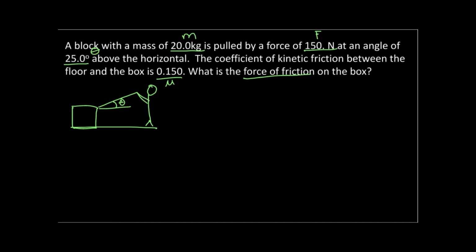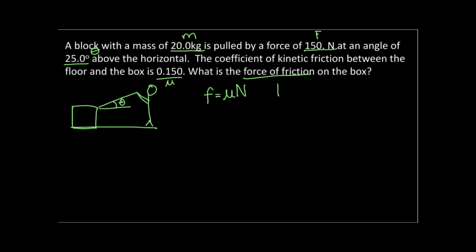For this one, if you look on your formula sheet, you'll see that there are several force formulas. The friction formula is the coefficient of friction times this normal, or N, force, right? Now we don't know what that N force is. They didn't give us that.